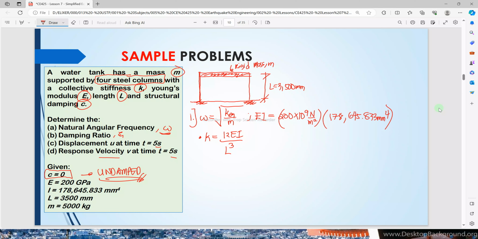Now it is important to take note of the units. Here we have the Newton per square meter and then millimeter. So to have unity of ratio, we convert this millimeter into meter. Since there is no indicated unit to use, we convert everything into SI, into meter. We know that 1 meter is equal to 1,000 millimeters.